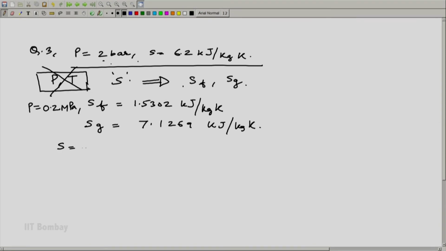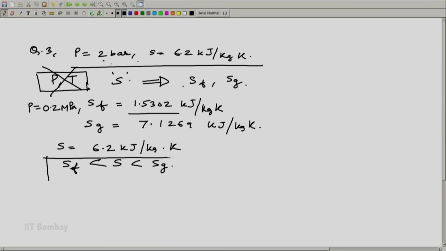Given S value is 6.2 kilojoule per kg Kelvin. What does it mean? It means that SF is less than S and S is less than SG.